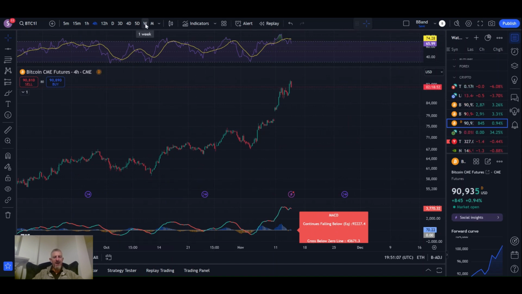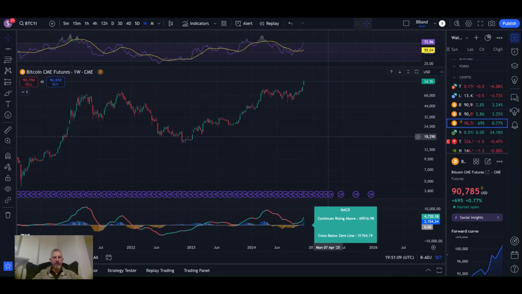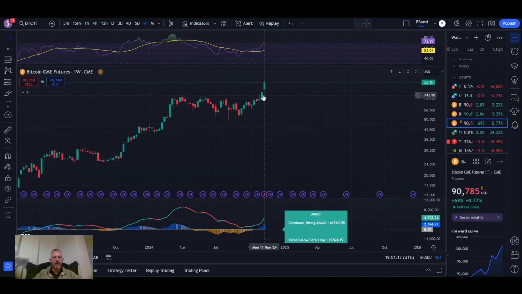Anyway, CME, here we go. This is the weekly. I just want to check in on it. So it's still a very bullish weekly candle, even if price does pull back a bit more. We've got to wait for the closure to see where the RSI ends up, and indeed where the MACD ends up. But the MACD will continue with upside green momentum as long as Bitcoin closes this week on CME, which is in just over 2 days, basically above 70,000.